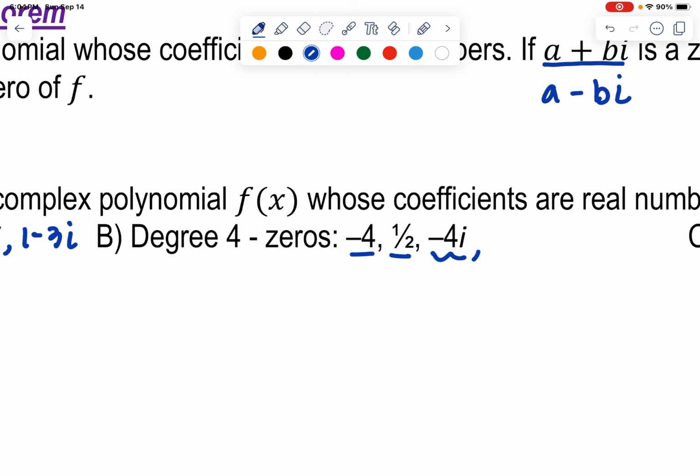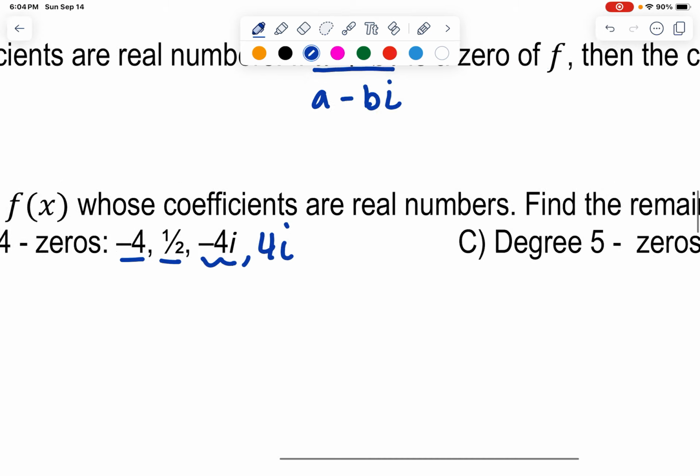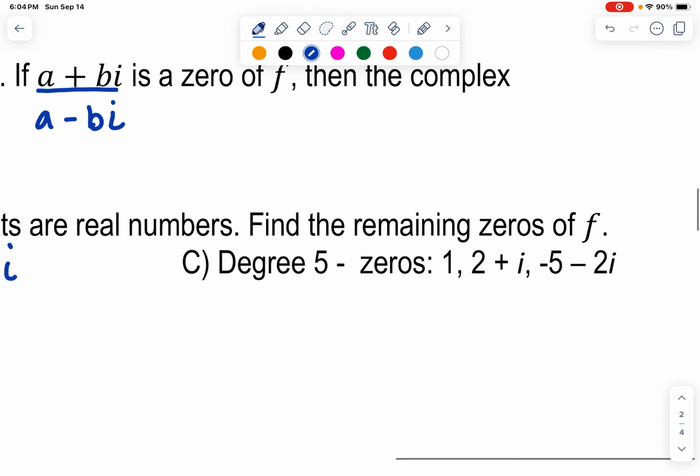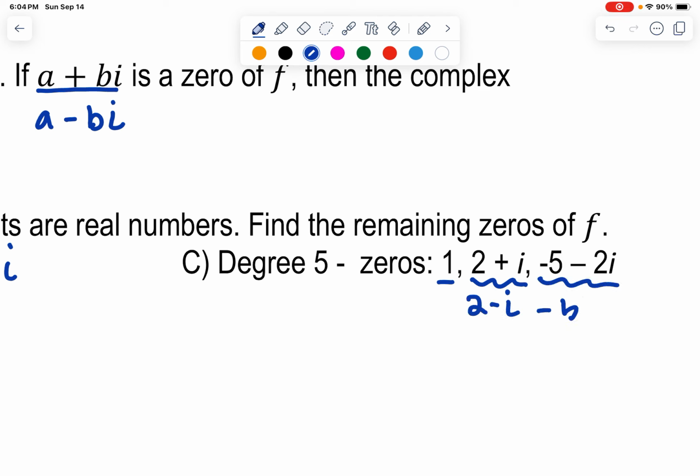Well, also positive 4i has to be a 0. Here, degree of 5, a 0 of 1, and then I said 2 plus i, so that means 2 minus i is also a 0. Negative 5 minus 2i, so negative 5 plus 2i is also a 0.